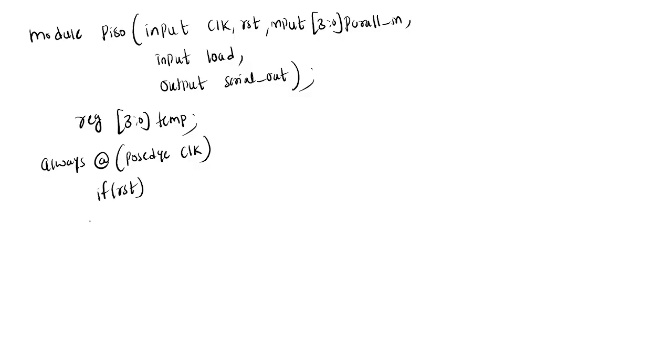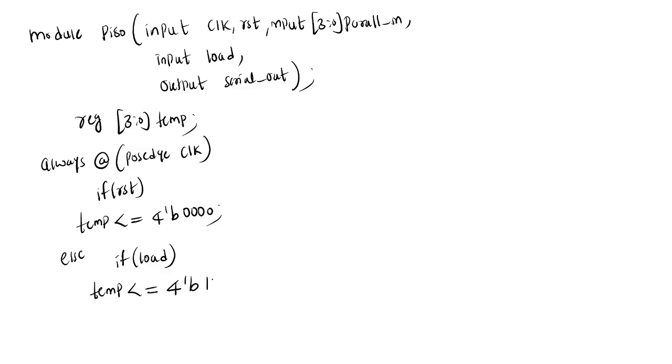If reset equal to 1, I am initializing the temp with 4'b0000, all zeros. Else if it is load, if load equal to 1, I need to load the temp register with 4 bits of data.